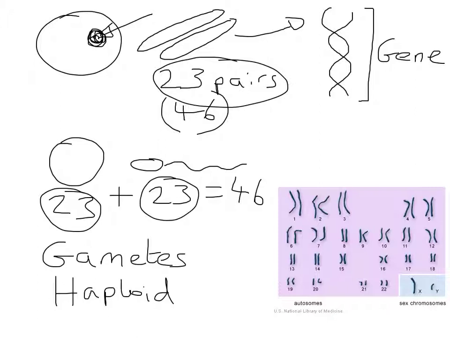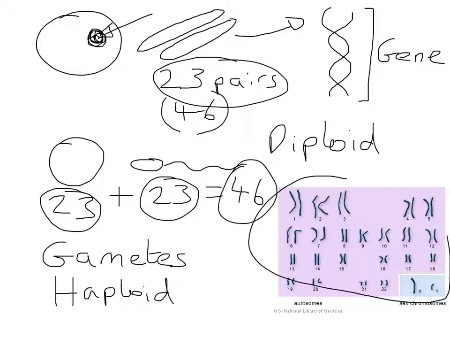The zygote, so the fertilized egg cell, has 46 chromosomes in it. This cell is said to be diploid. In other words, it's got double the amount in a full set of chromosomes, so 2 lots of 23.